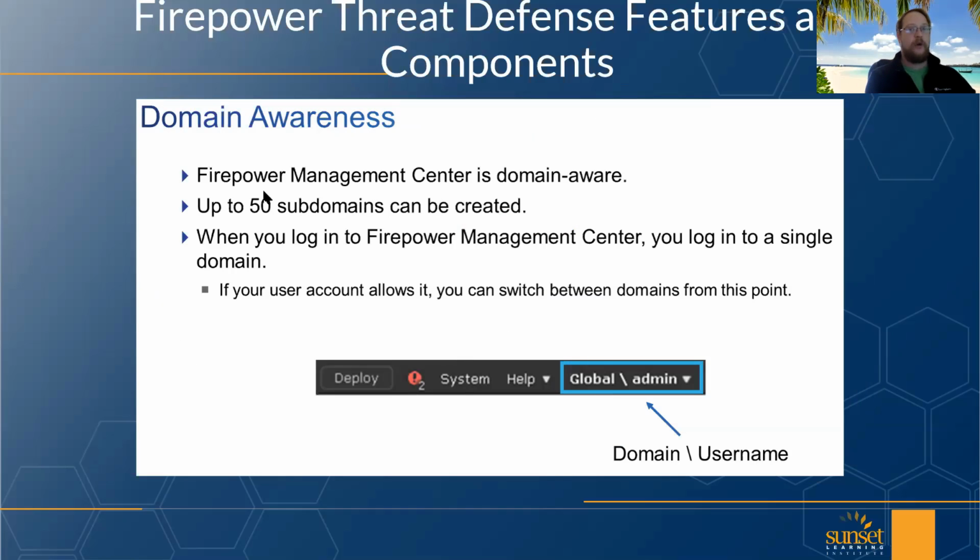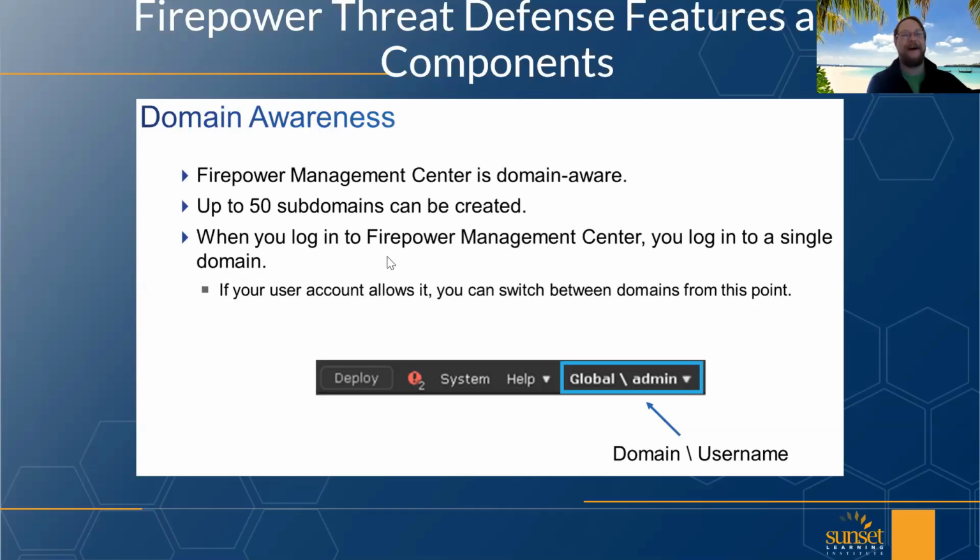Domain awareness is where we can subdivide this configuration into about 50 subdomains, or what I would consider 50 tenants per FMC instance. Right, so 50 per FMC instance. When you get into the cloud orchestrator, it's obviously much higher because it's used for multi-tenancy and orchestration.